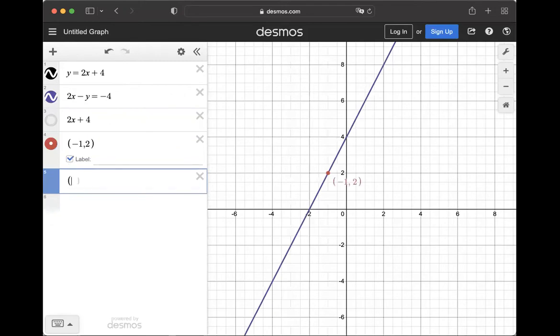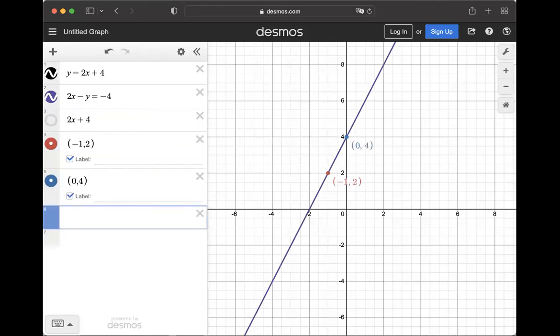Then we had the point 0, 4. And then we have the point +1, 6. So you can see that they are all on that line. I found 3 points. I only need 2 to graph it, right? To graph just means to make a line between the points connecting them.